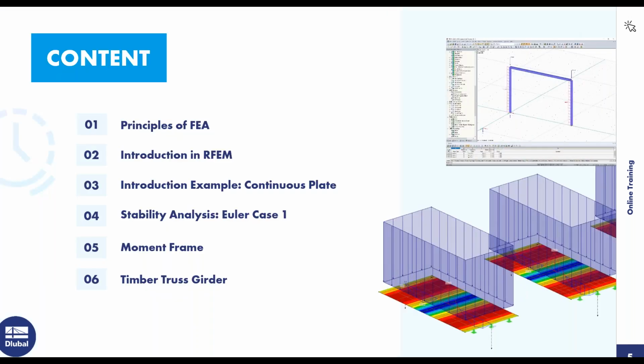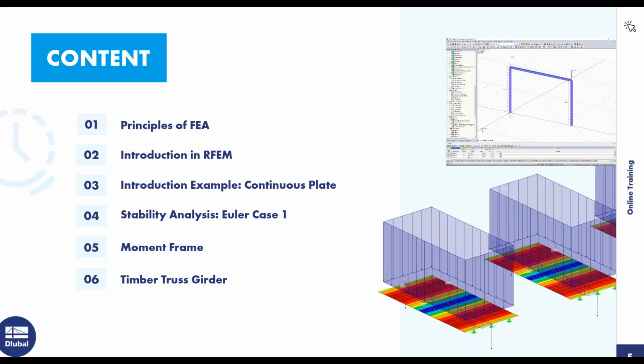And here's the content for today. First we'll start off with going through the principles of FEA, and then we'll go into an introduction into the RFEM software. Then we'll begin with our first example, which will be an introduction example using continuous plates, and with that one, we'll go through plate theory.